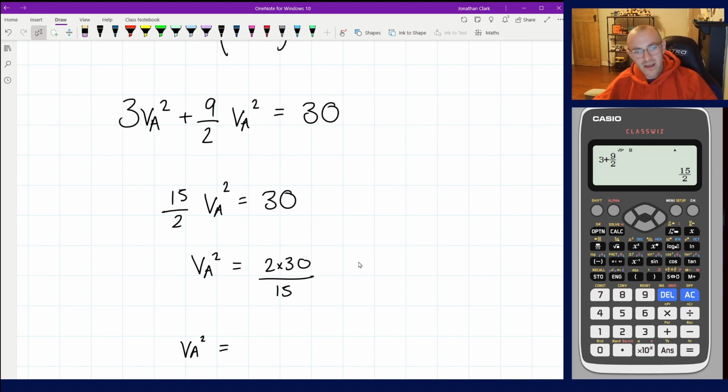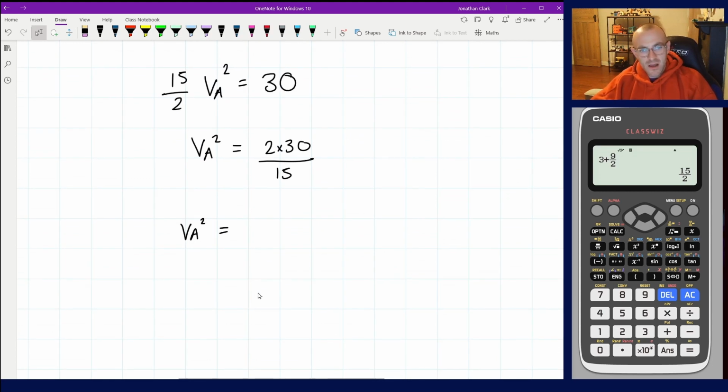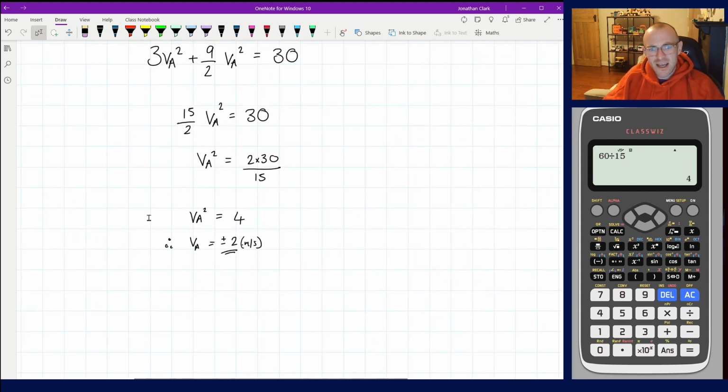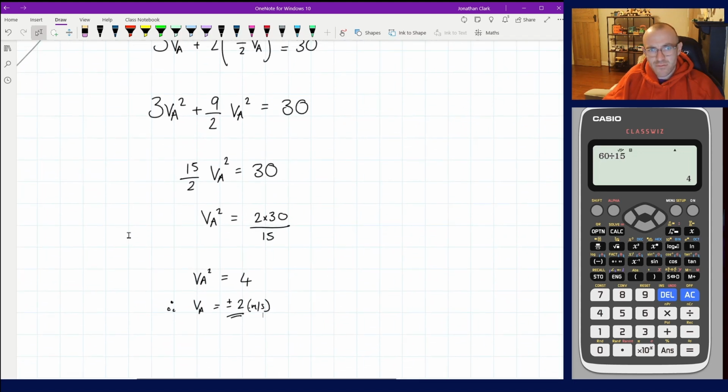And we get that VA squared must be whatever this is. 60 over 15. Oh, that's nice. That's 4. So A is, haven't quite figured out all the direction elements just yet, but it's either plus or minus 2. Now we're going to need to think about the direction part of it a little bit later on. But that seems like a nice answer, right? 2 meters a second. I think we can get on board with that.